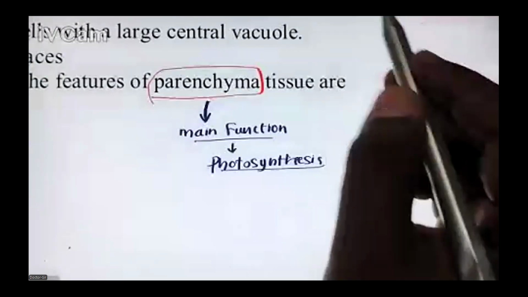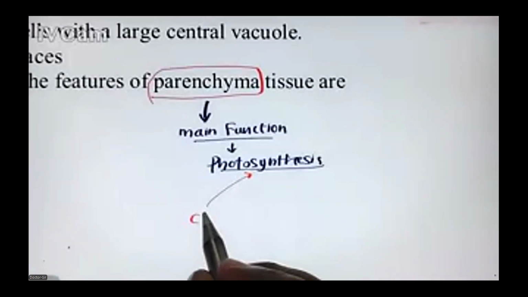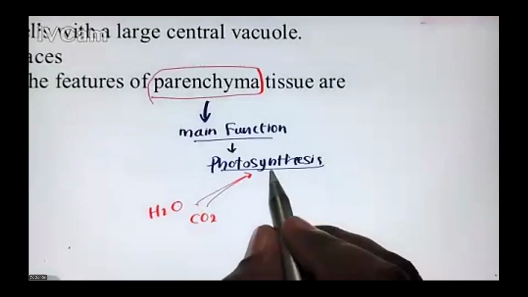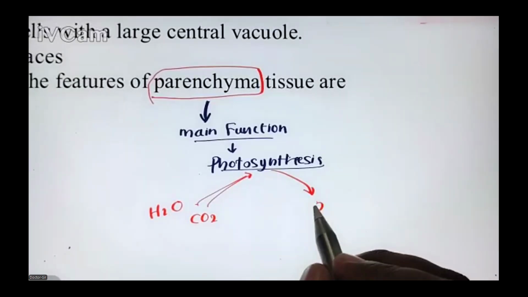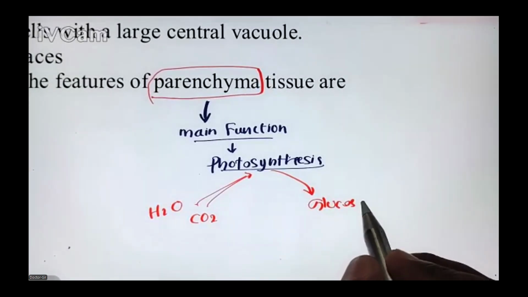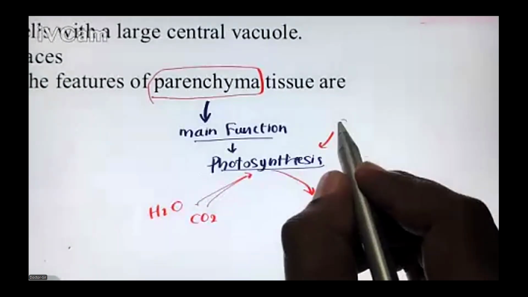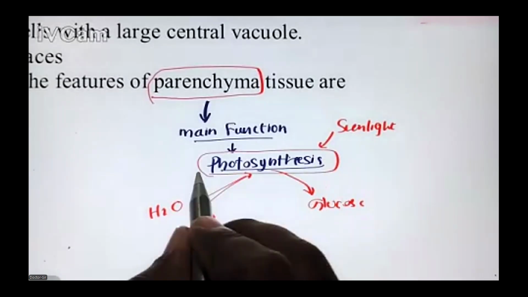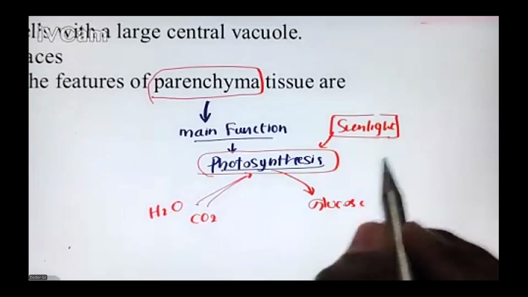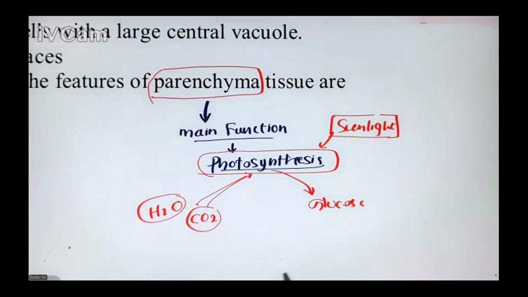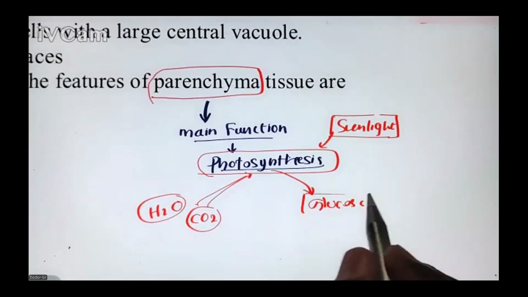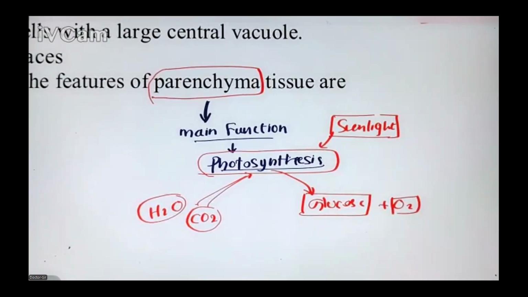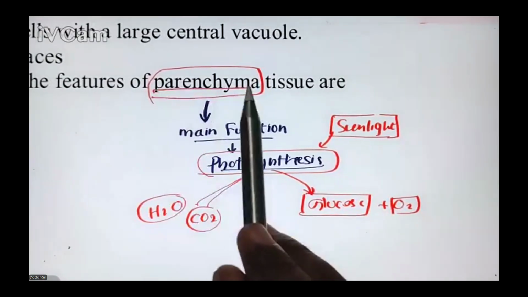It needs CO2 and water, then it will produce glucose. This is the mechanism, and it also needs sunlight. So photosynthesis means taking energy from sunlight, with raw materials H2O and CO2, to produce glucose and another byproduct, O2. It is mainly done by these parenchymal tissues.